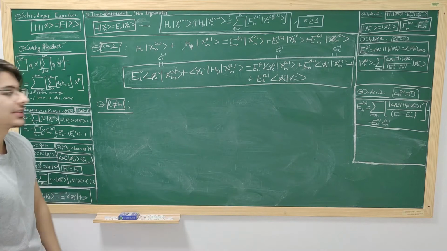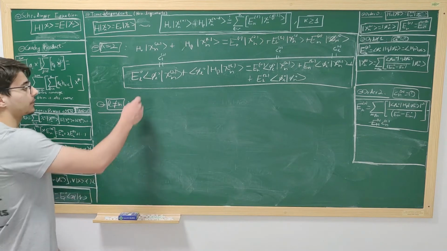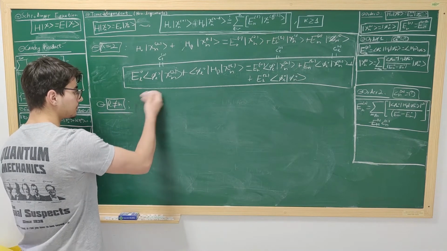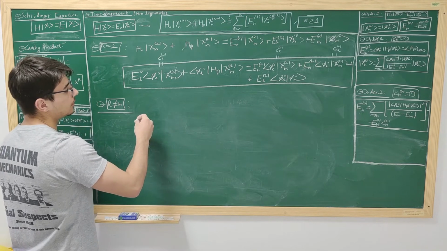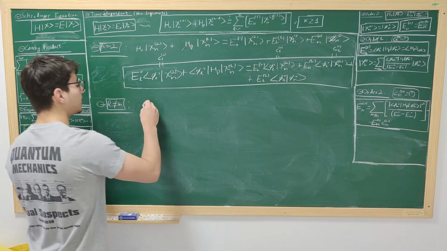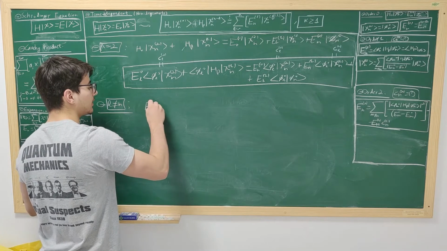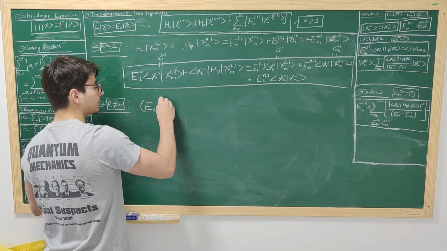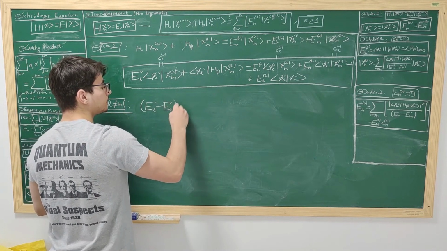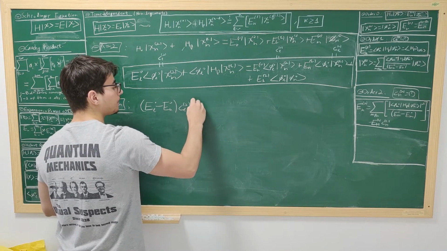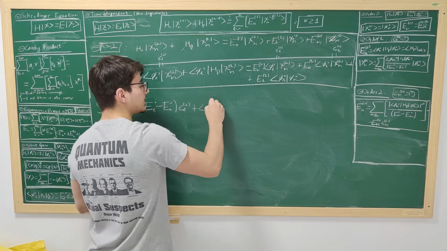So if L is not equal to n, then we have this. Well, of course, we can group these two terms together. And we can just write EL0 minus EN0 CL2 plus this.